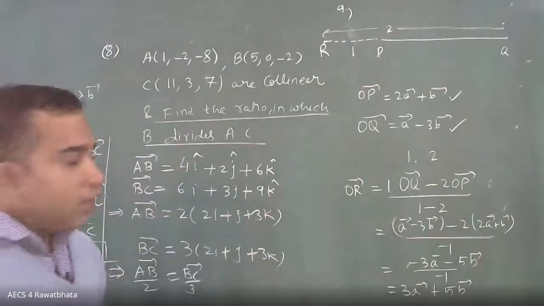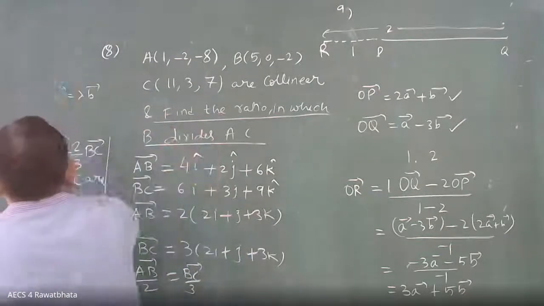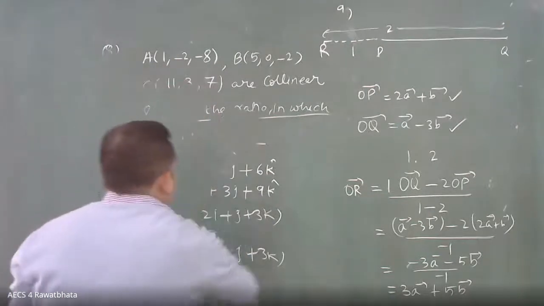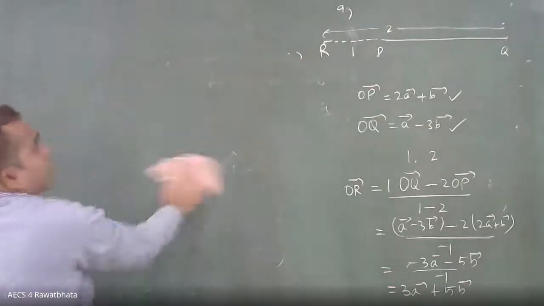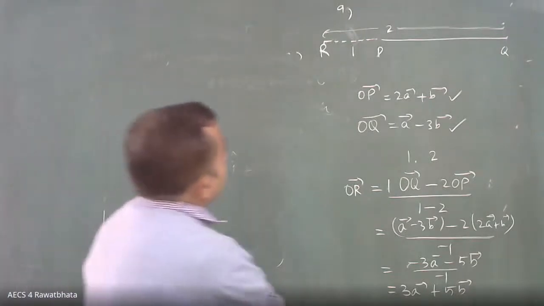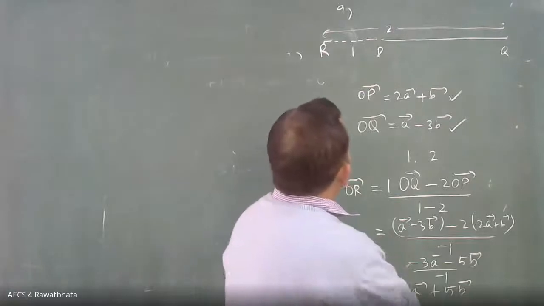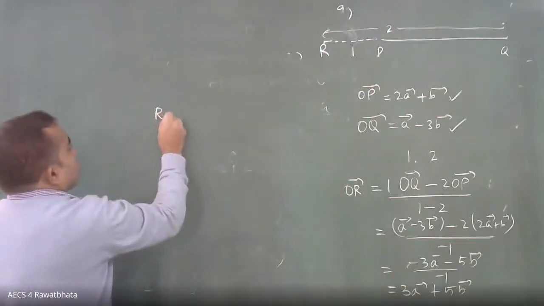Then one more line, Chidesh, they are asking, what is that? P is the midpoint of the line segment RQ. Since RP, there is no problem.